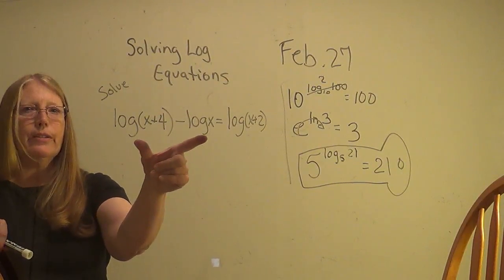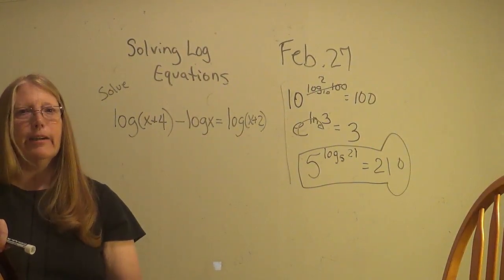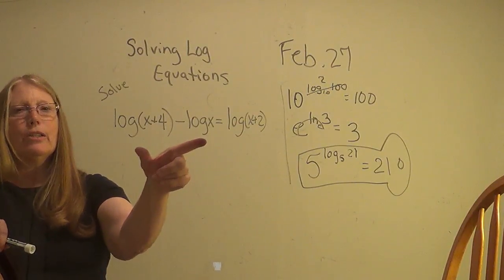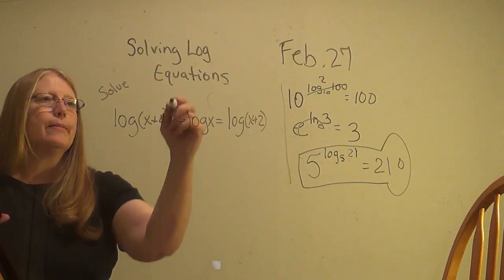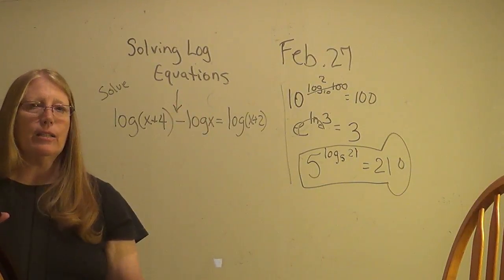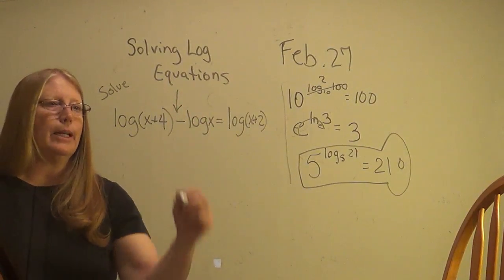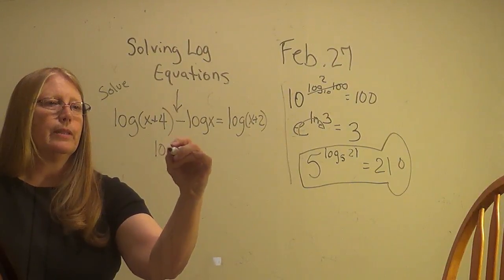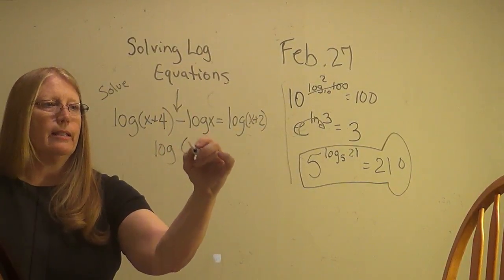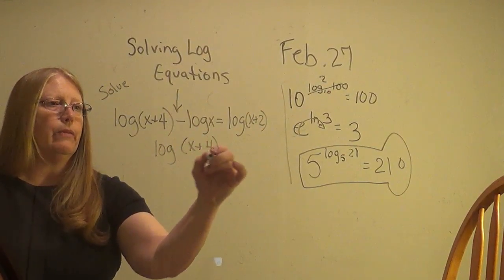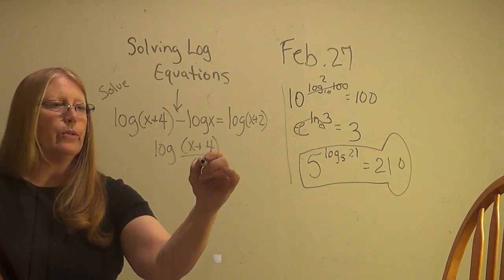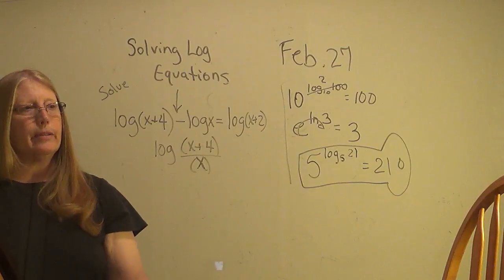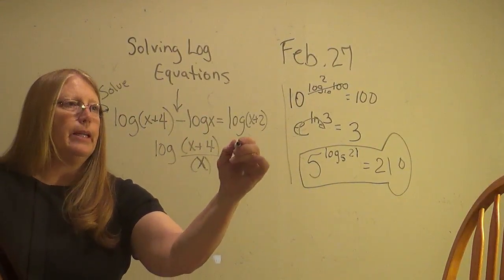So I have 2 logs here and 1 log here. So I can combine these two by log rules because logs rule. When we subtract 2 logarithms, we can write them as 1 logarithm with the arguments divided. And that's one of our 3 log rules, so we pull that out. And over here, it remains the same.